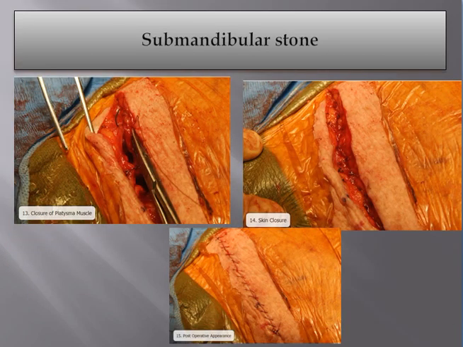As it was a clean operation or clean wound, it should be healed by primary intention, and that means that we should do suturing. So in the next slide you can see closure of the platysma muscle, then closure of subcutaneous fat, and then the skin.